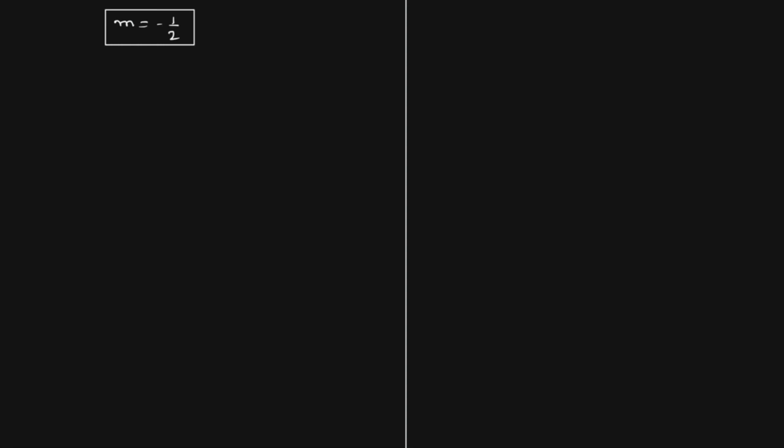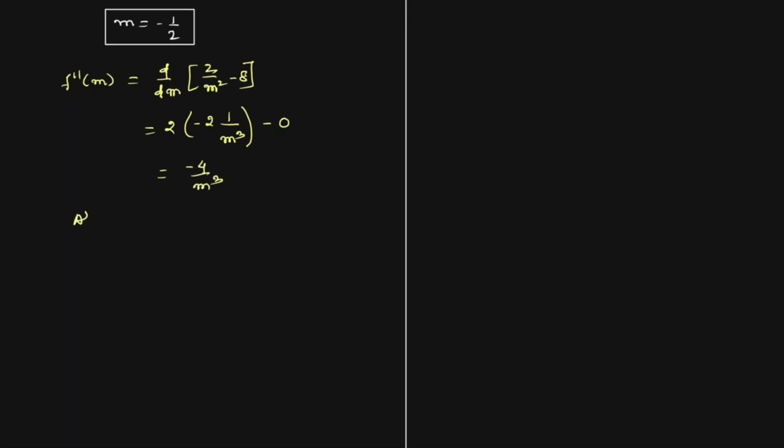For that we have to find f double dash m, which is equal to d by dm of 2 by m square minus 8, which is equal to 2 times minus 2 times 1 by m cube minus 0, which is equal to minus 4 by m cube.